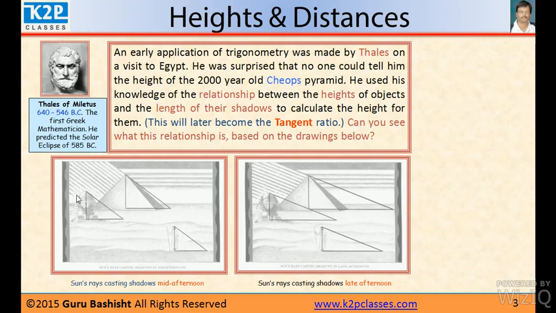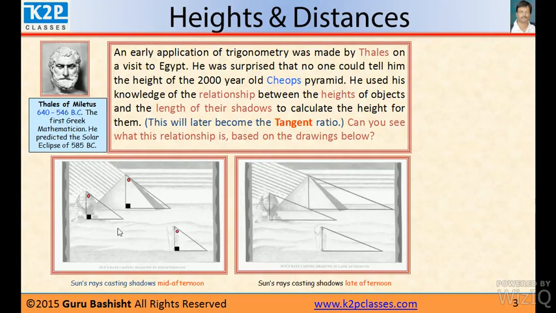Look, this is the pyramid here, and it is difficult to find out its height. The distance from any point to any point on the surface can be determined easily, but there is a challenge to find out the height. So what technique did we use?